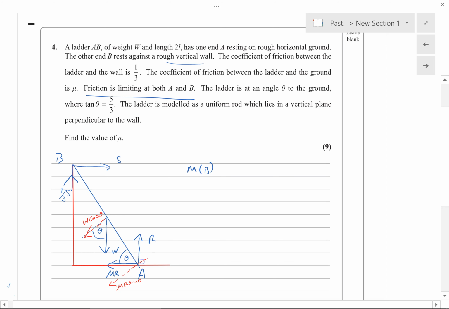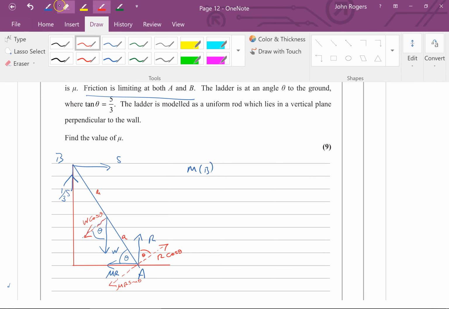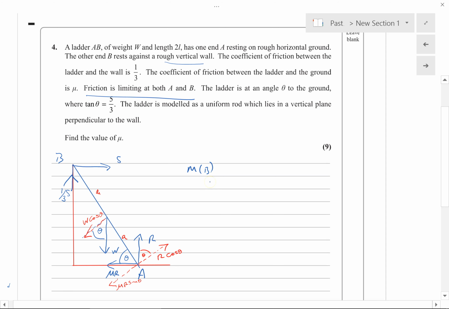And then this angle here, R, that's theta here, so that's R cos theta. So those are our resolved components perpendicular to the ladder, and we know that this is A and that's also A. So that should enable us easy enough to take our moments equation. We've got R is the only one that's going in this direction, anti-clockwise.